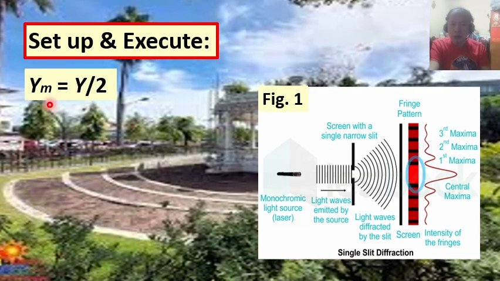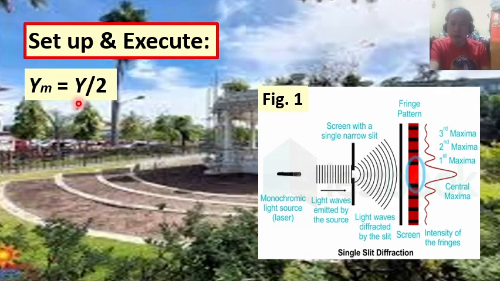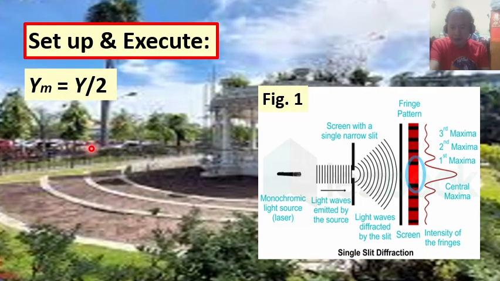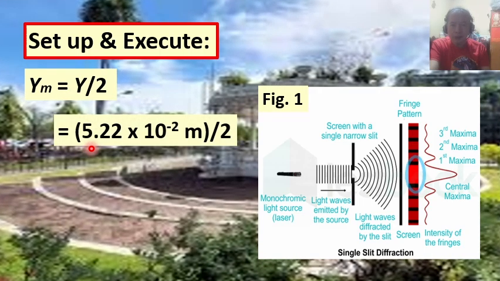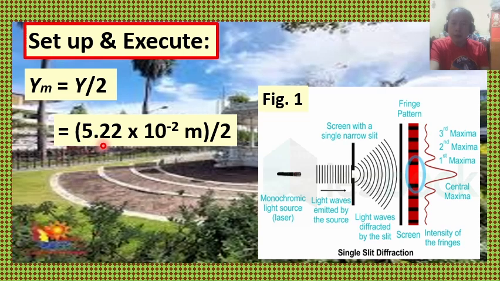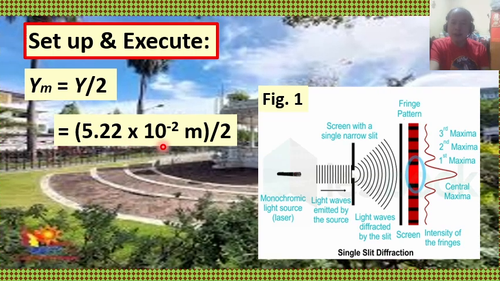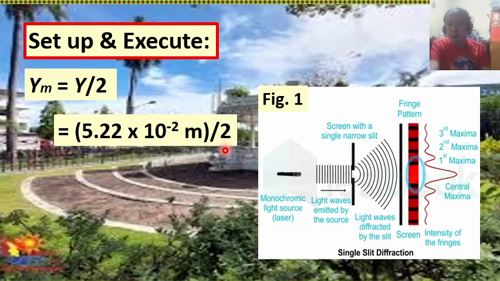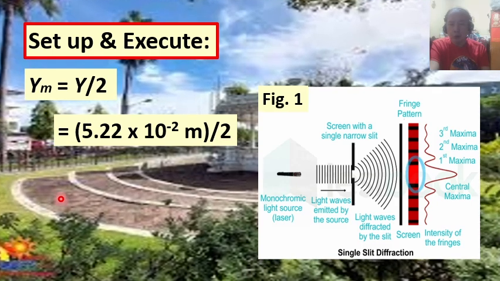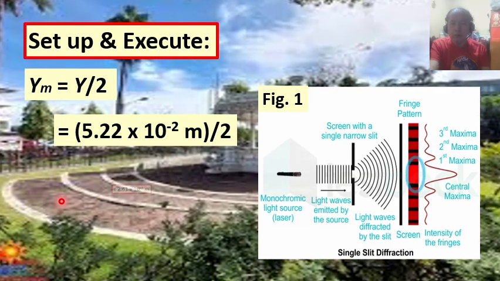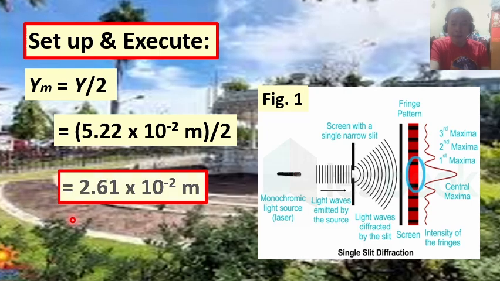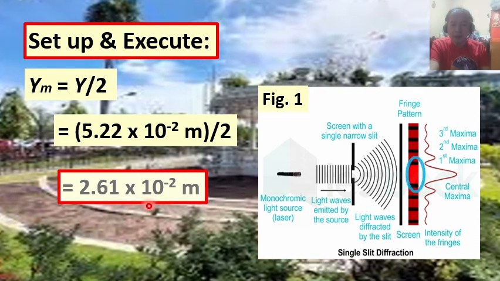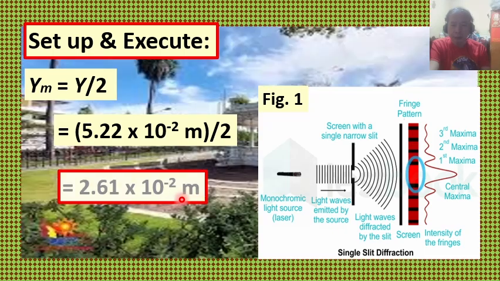That's why Y sub M is equal to 1 half the value of capital Y. That is, Y sub M is equal to 5.22 raised to the negative 2 meters, then divided by 2. So we get the value of capital Y sub M equal to 2.61 raised to the negative 2 power meter.